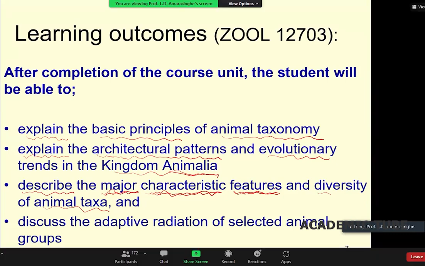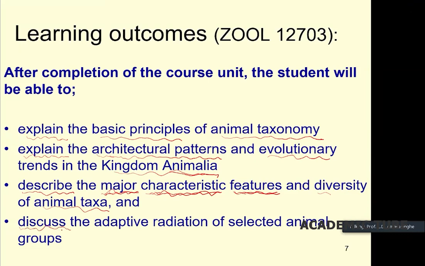Then you will again be able to discuss, giving examples and detail, the adaptive radiation. So what are adaptive radiations of selected animal groups? Adaptive radiation means if we take a single animal, it has specific characteristic features. But there may be another animal that has other specific characteristics, but giving similarity to the previous animal.